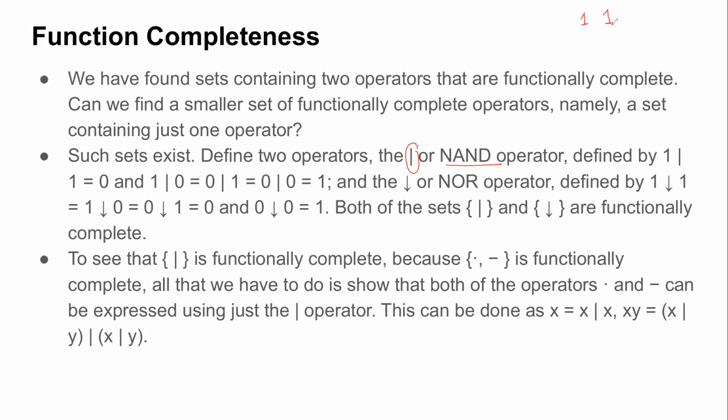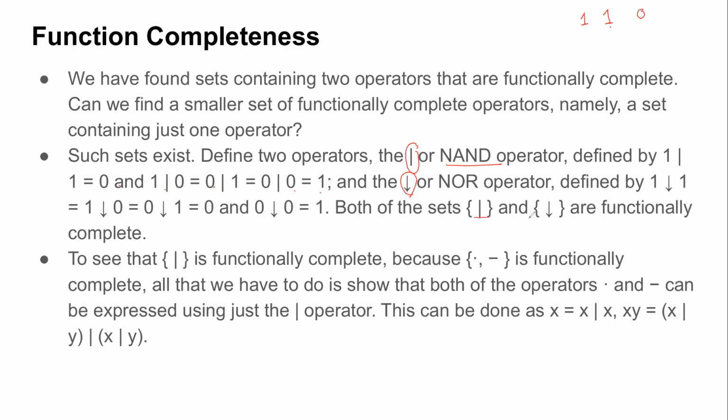So 1 AND 1 is 1, but if you do a NOT, it becomes 0. So 1 NAND 1 is 0. Similarly, 1 NAND 0 is 1, and 0 NAND 0 is 1. Similarly, you have the NOR operator defined by OR followed by a NOT gate.